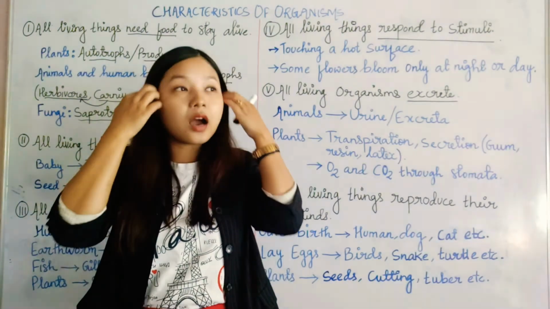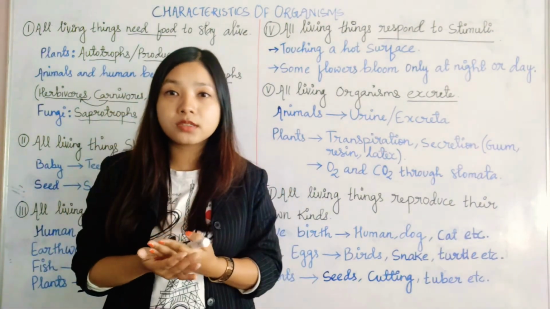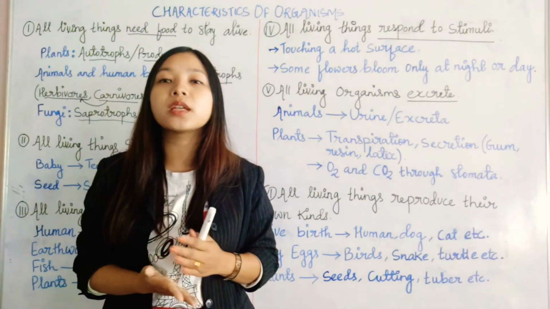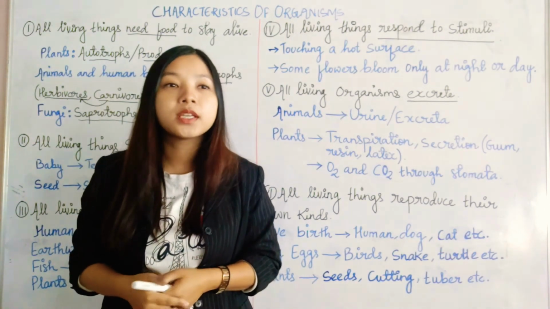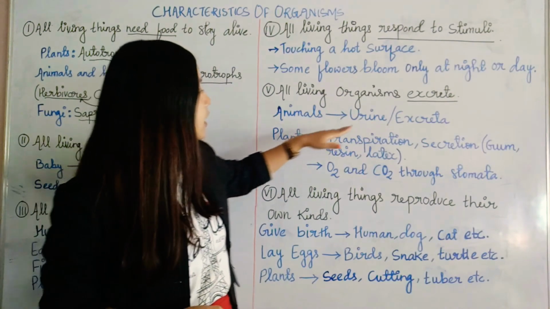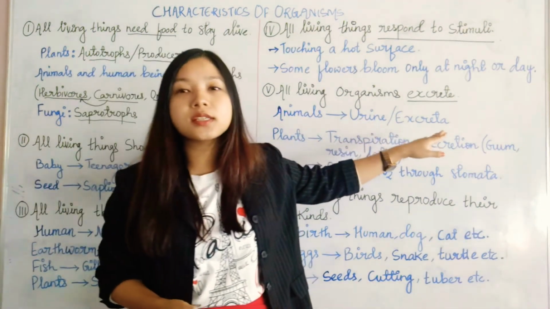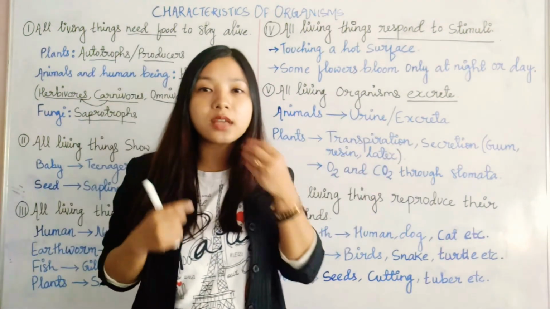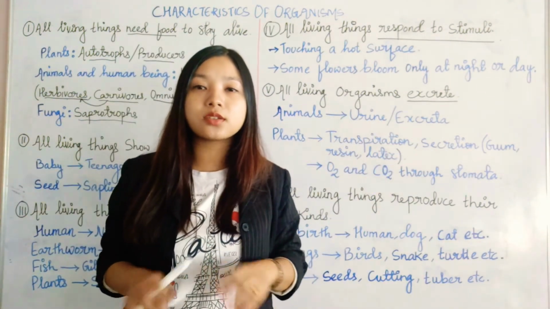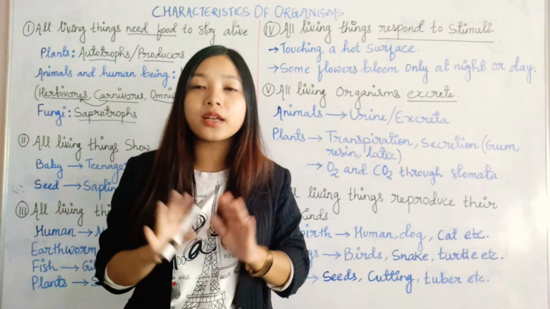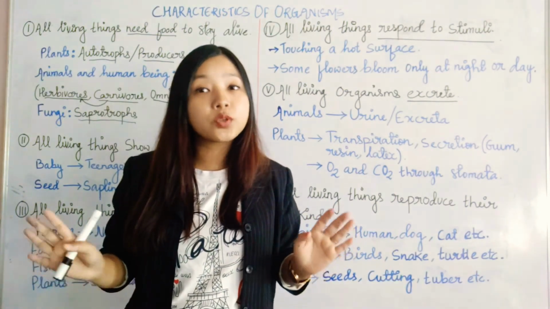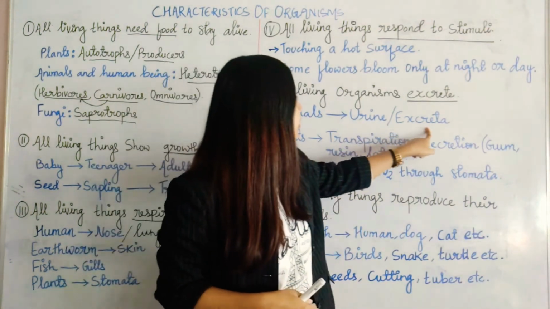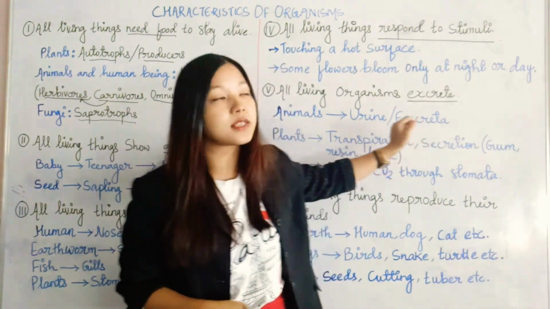Especially the harmful chemicals present in our body are excreted from our body by the process of urination. Then excreta or feces is another process, like when the undigested food which we have eaten is not wanted in our body, it cannot be utilized in our body, so it is removed in the form of excreta or feces.